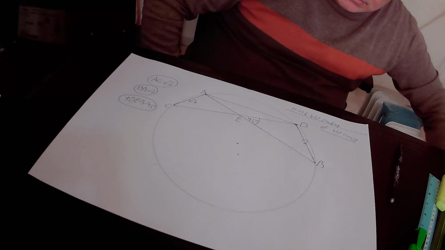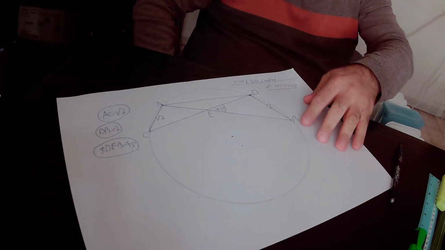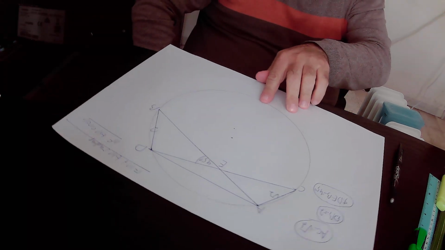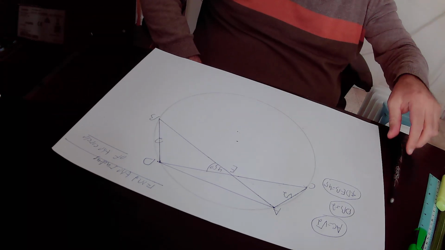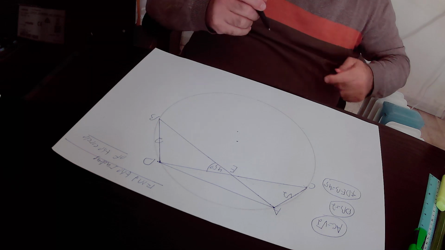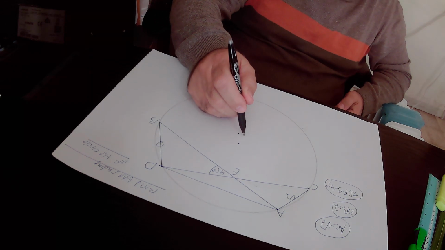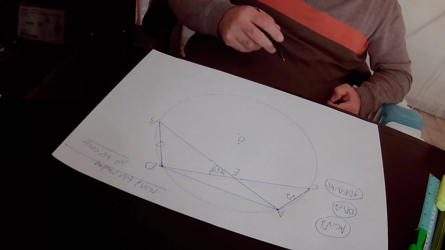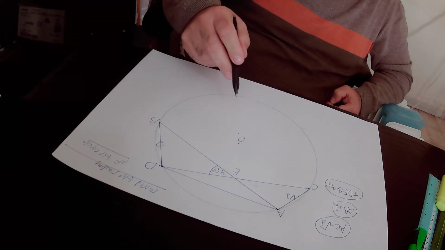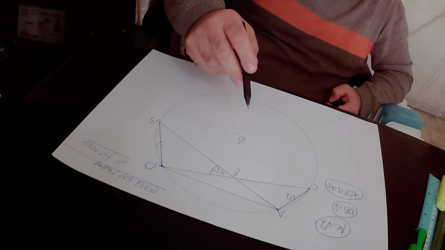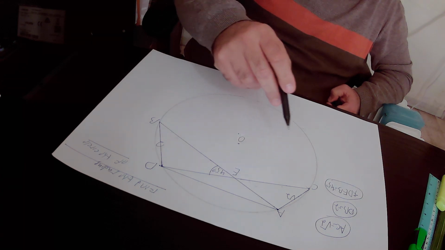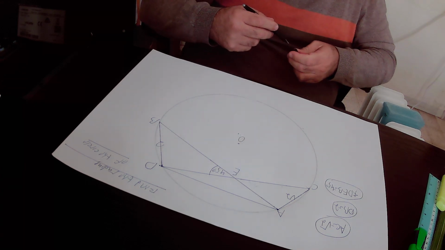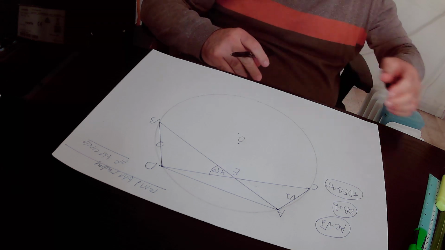So we define the center of this circle. This point is point O, and we join points O and B, O and D, O and A, and O and C by a straight line.